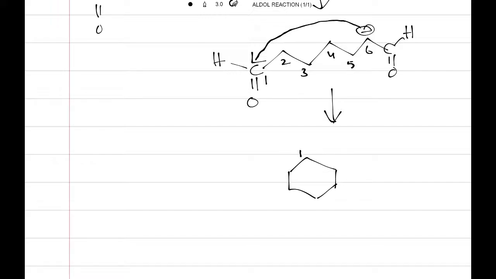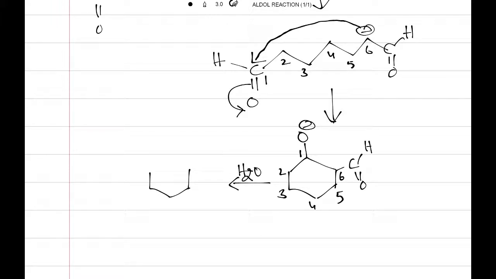Give the numbering: this is first number, 1 2 3 4 5 6. At the number 1 carbon, if the electrons shift this way, we are having oxygen with the negative charge, and the 6th carbon also has C double bond OH. After addition of water to this, we can get OH here, and here we get the C double bond OH aldehyde.